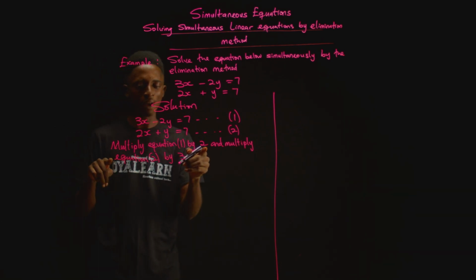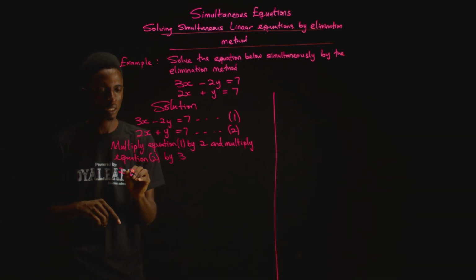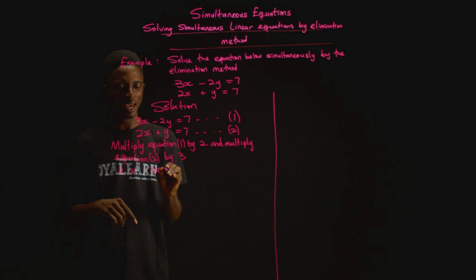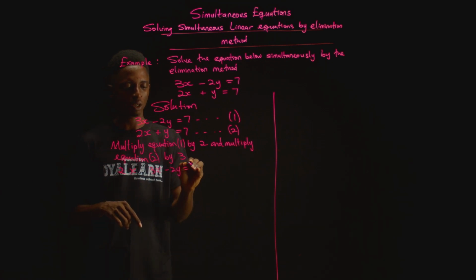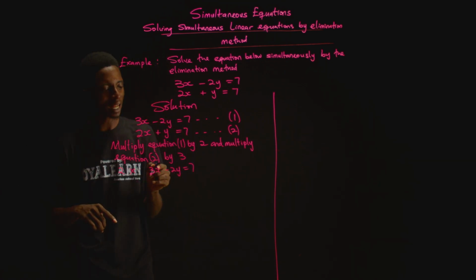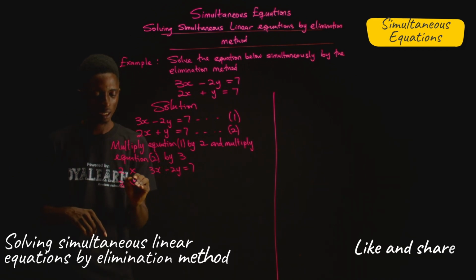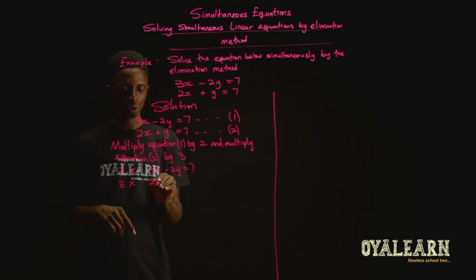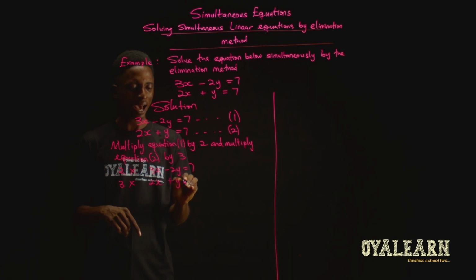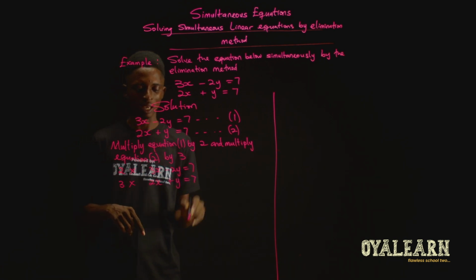Therefore, I will be having 2 multiplied by 3x minus 2y equals 7, and then 3 multiplied by 2x plus y equals 7.